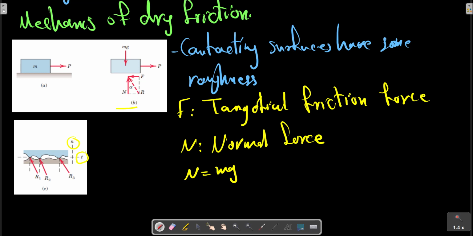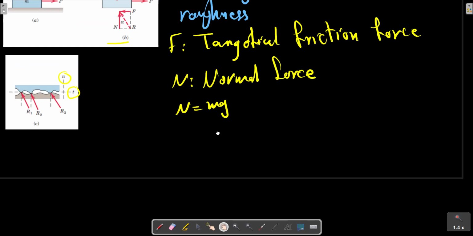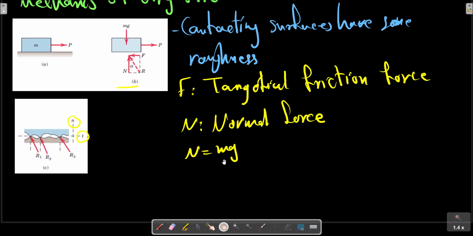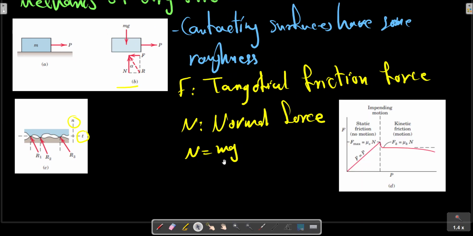If we perform the experiment and record the friction force F as a function of P, we obtain the relation between the force P and F as shown in this picture.